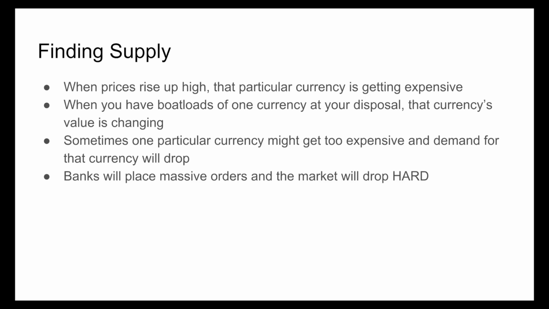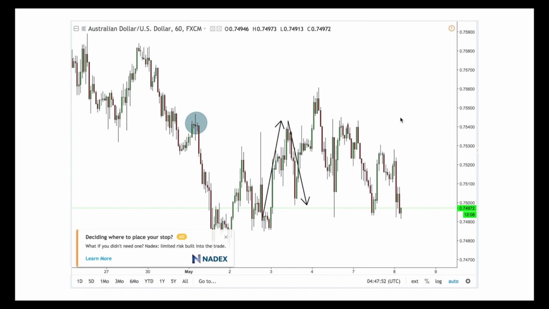Banks don't think that the currency can keep going up in value, so they think that it's overvalued. So banks will place massive sell orders, and the market will drop hard. So here's an example of a supply zone. The prices got a bit too high, right?